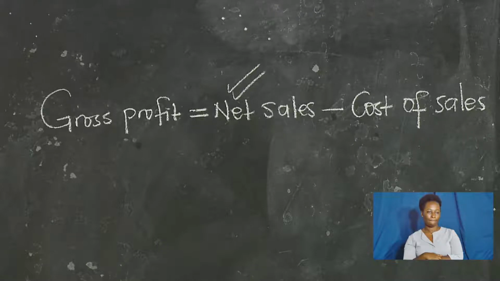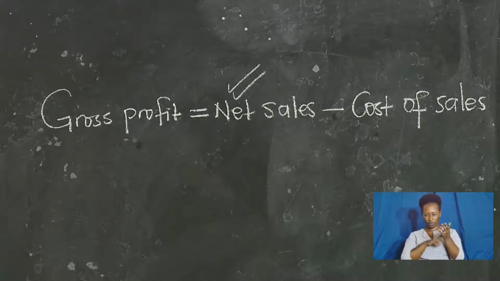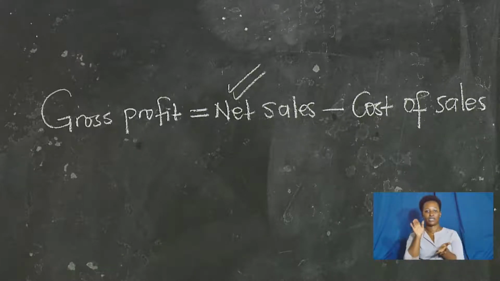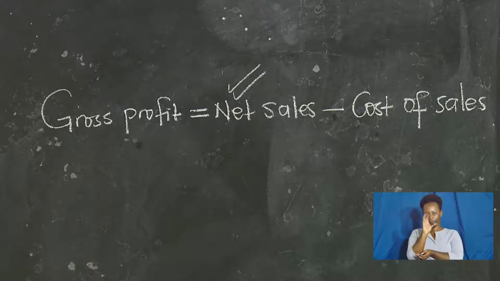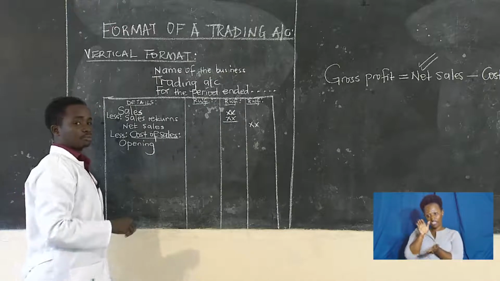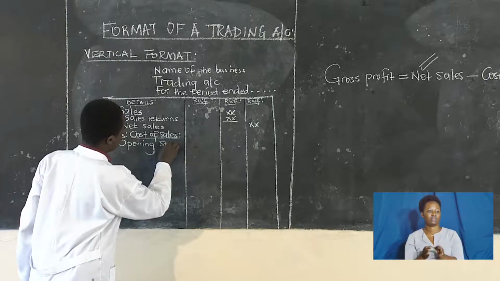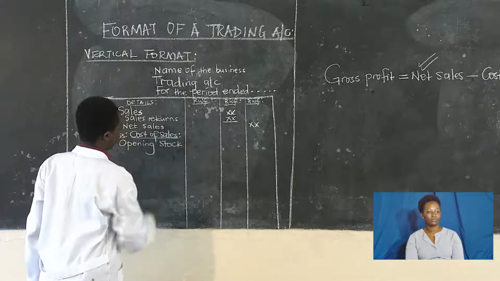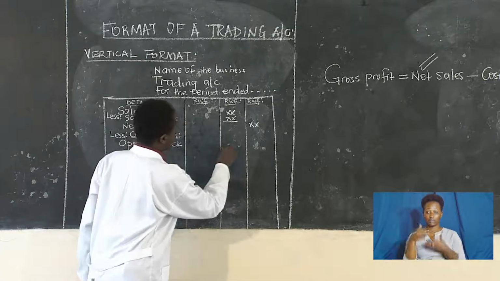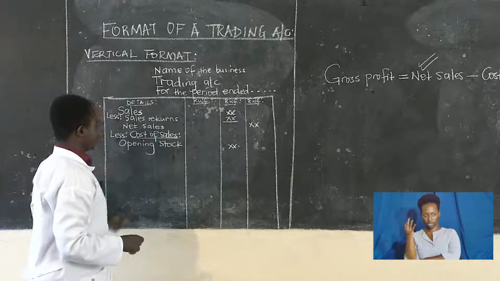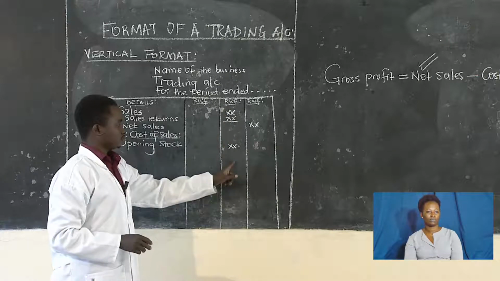Then what is the formula that we use for getting cost of sales? You must have opening stock. Opening stock is the same as opening inventory or beginning inventory. So this opening stock of ours, we shall position it in this column.